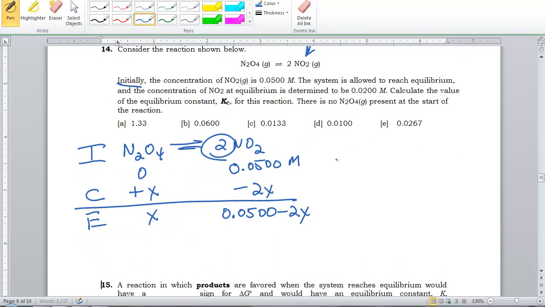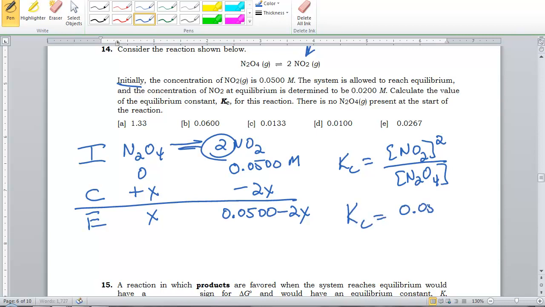Our Kc expression, products over reactants, raise the power of the coefficients. We plug in 0.05 minus 2x squared. Don't forget, you see the coefficient twice, 2x, and that squared term over x.